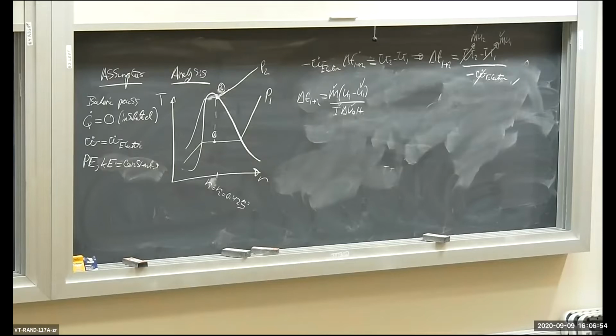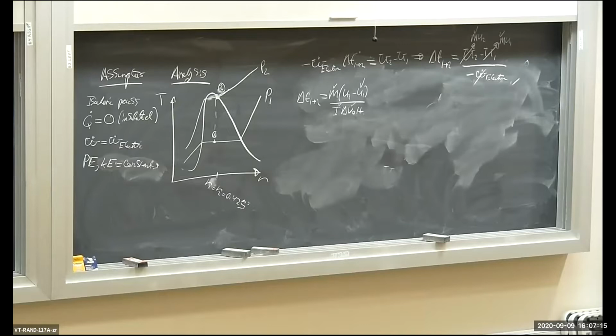How are we going to calculate this? This is U sat vapor evaluated for a specific volume of 0.423 cubic meters per kilogram. That's what we're looking for.